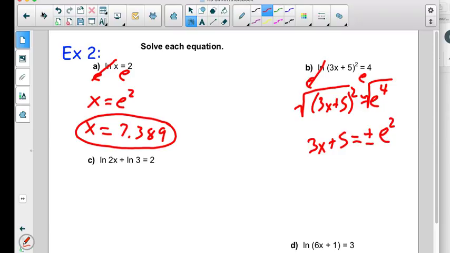Well, let's solve it and see if a minus will work in the end. So separate this out into two equations now since we have the plus and minus. So it should be 3x plus 5 equals e squared, and 3x plus 5 equals a negative e squared.